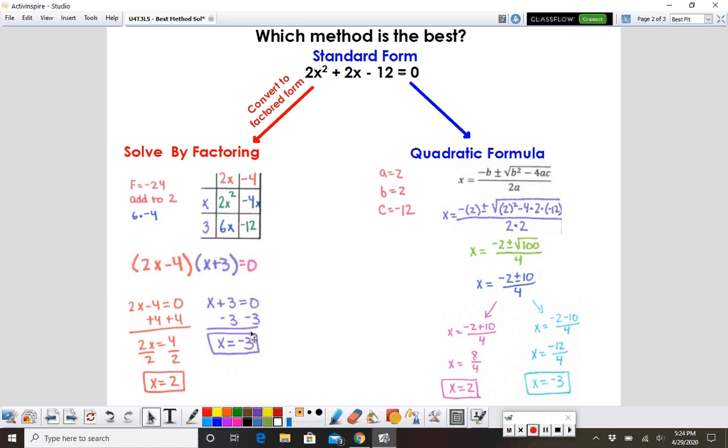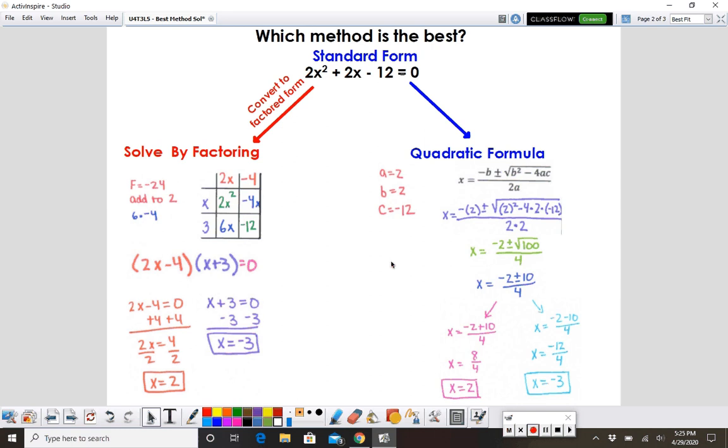Now, ways that will help you decide which of these 2 methods to use. Quadratic formula will always work for every standard form equation. And it's good to use in every situation because you don't know if you're going to be able to factor it. You don't know if your factors are going to be whole numbers or decimals. Remember, you can't factor something if the factors down here aren't whole numbers.